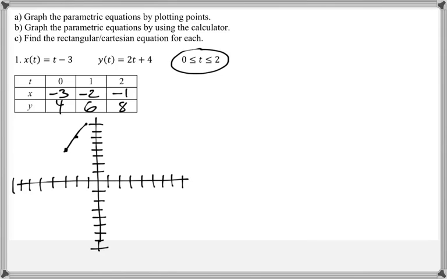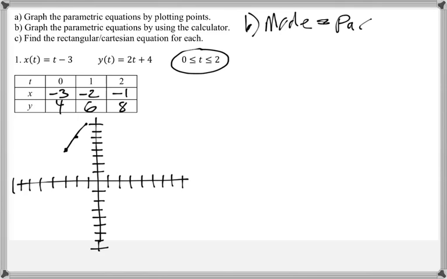Part B, I want to use the calculator. So I need to be in the right mode. If you go to mode, we just finished polar mode, so I'm changing it over to parametric mode, which is PAR on my calculator. And then if you go to your y equals, you'll see that you have x of t, y of t, and you'll see like 1 and 1 and 2 and 2.